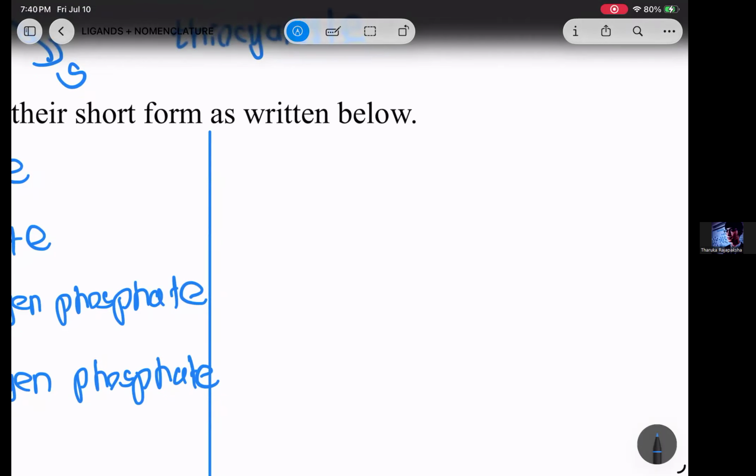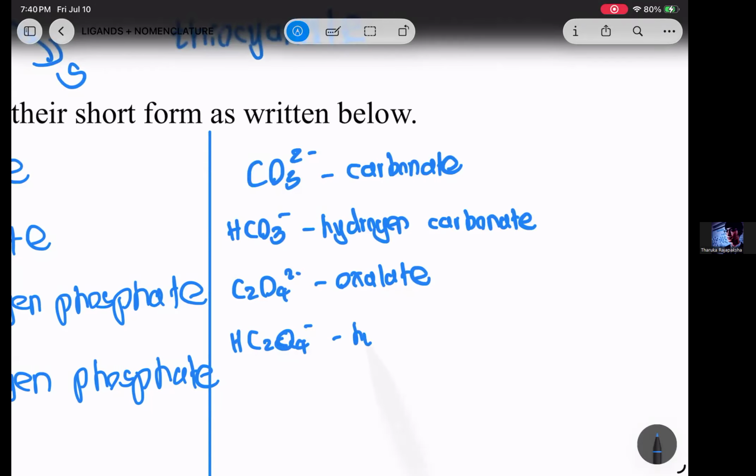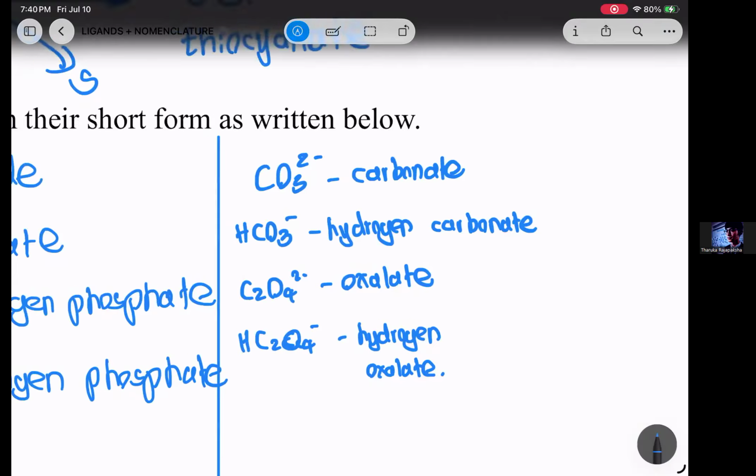So carbon containing: carbonate, hydrogen carbonate, HCO3 minus, hydrogen carbonate, and then oxalate, C2O4 2 minus, and then hydrogen oxalate. Hydrogen oxalate.